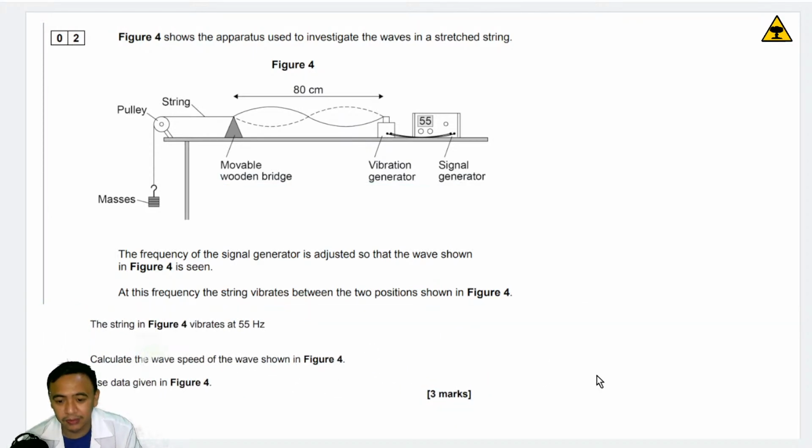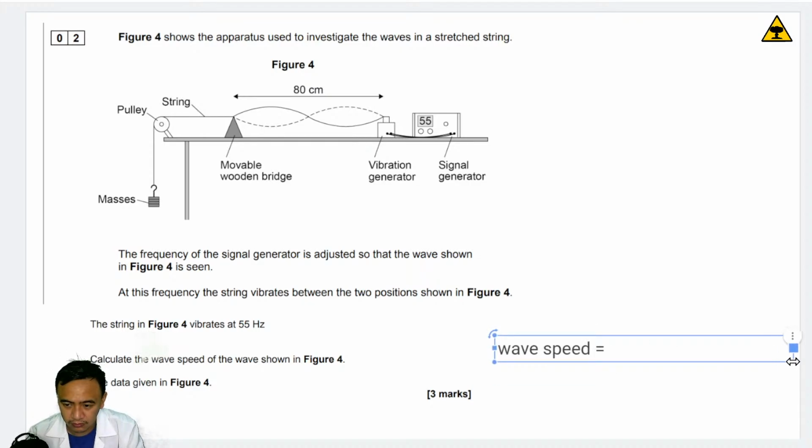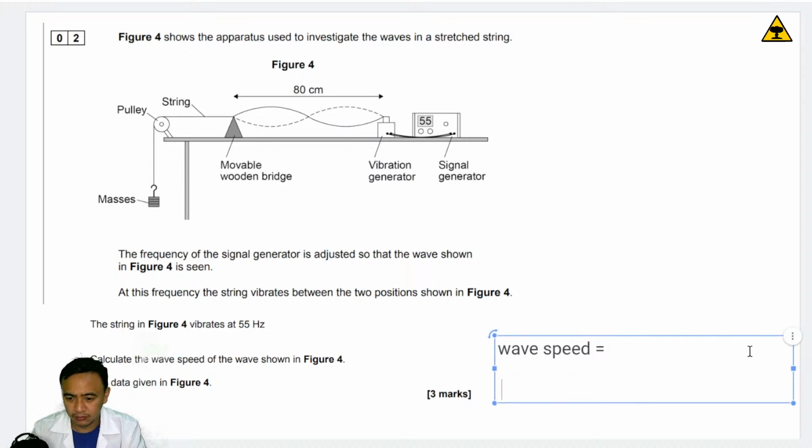So calculate the wave speed. The answer is 44 meters per second.